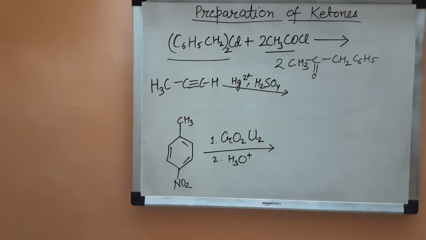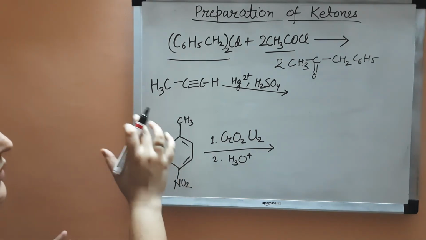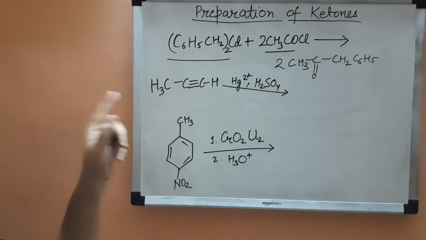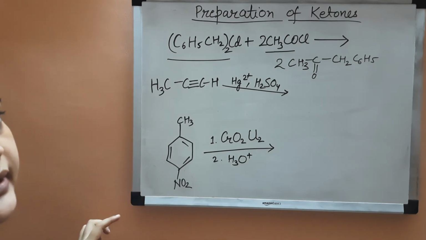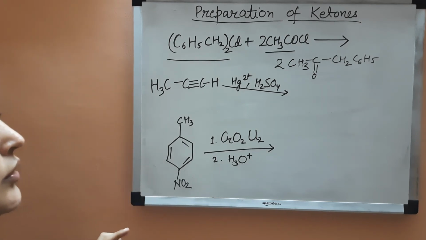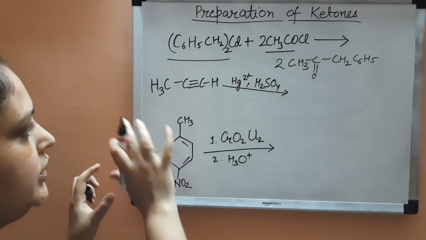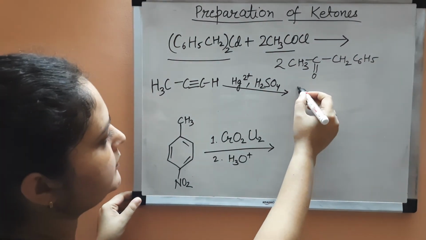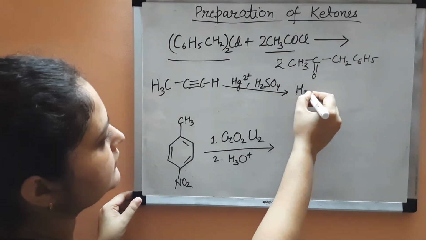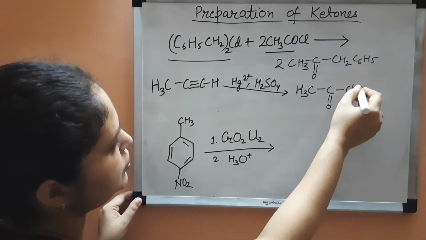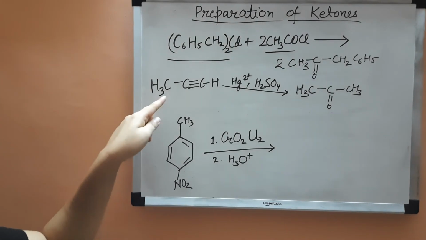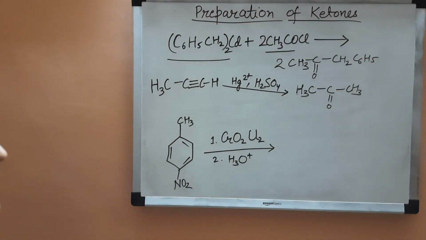What aldehyde? Ethanal. But here, because it is propyne, other than ethyne, you will get ketone. So all other alkynes except ethyne give ketone. Simply you will get CH3COCH3, because it has 3 carbons.